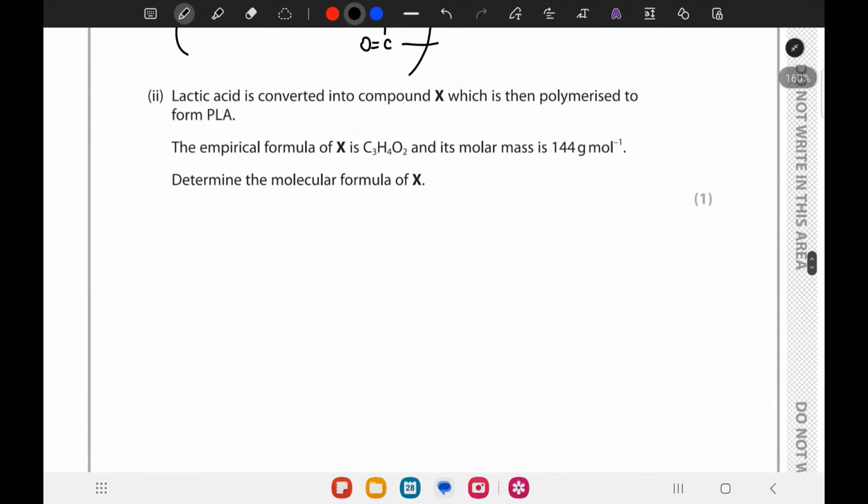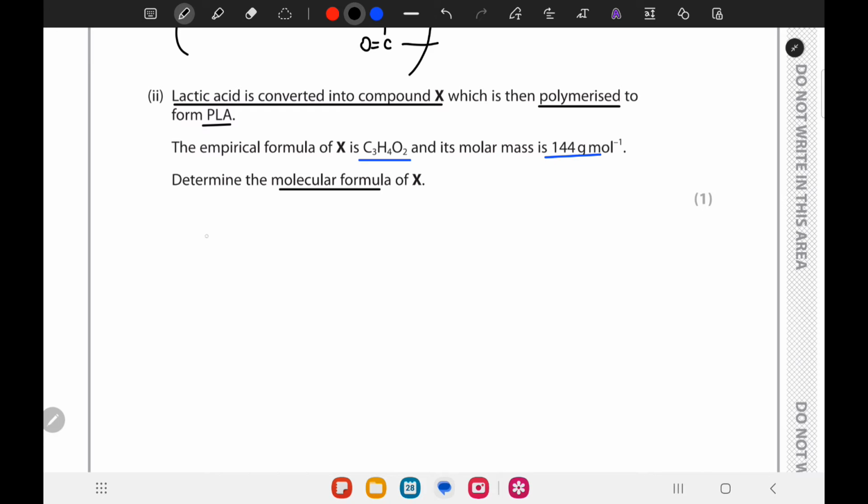Now we are told that lactic acid is converted into compound X, which is then polymerized to form PLA. We are given the empirical formula is C3H4O2 and its molar mass is 144 gram per mole. We just have to find the molecular formula.